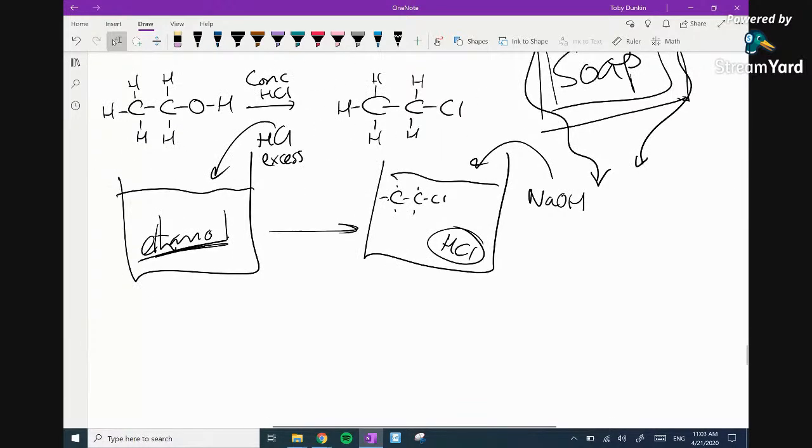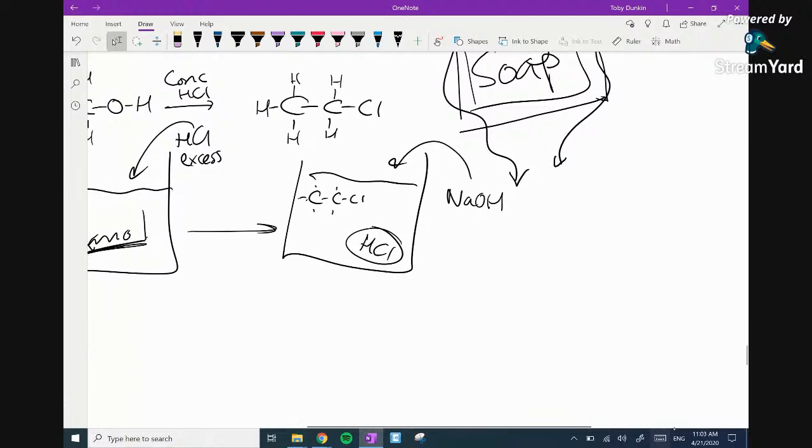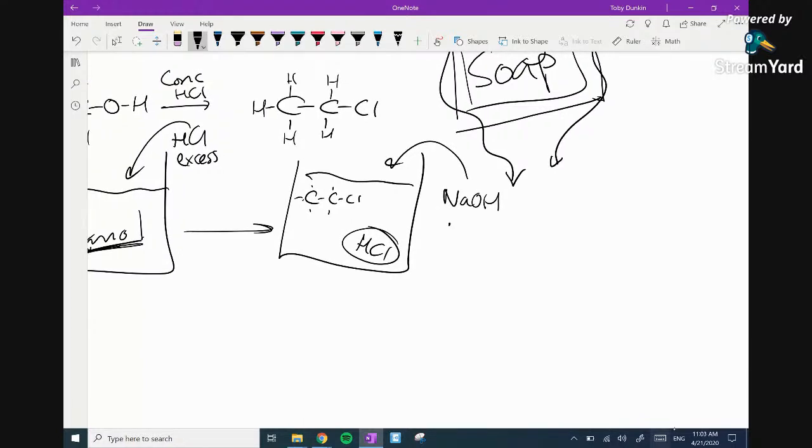Anyway, the reason why is because sodium hydroxide produces OH minus ions in water. OH minus ions act as a nucleophile, reacting with the haloalkane.